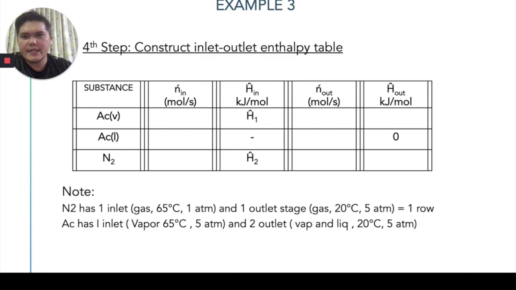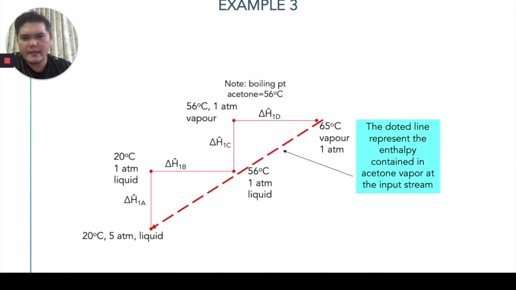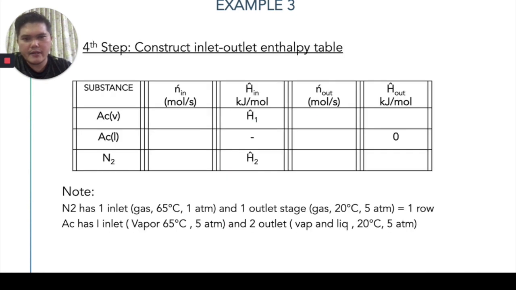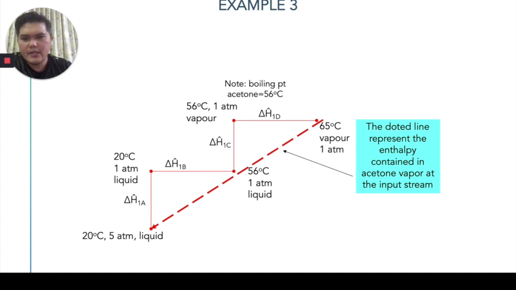So when we construct the inlet outlet table, this is the value that we got again. We are constructing this particular table, and then we want to fill in the hypothetical process change from one step to another. So let's look at the acetone itself.